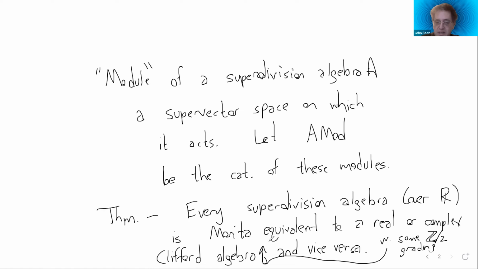And it's also famous that there are 8 Morita equivalence classes of real Clifford algebra and 2 of complex. So that's another way to begin sensing this tenfold, this tenness.